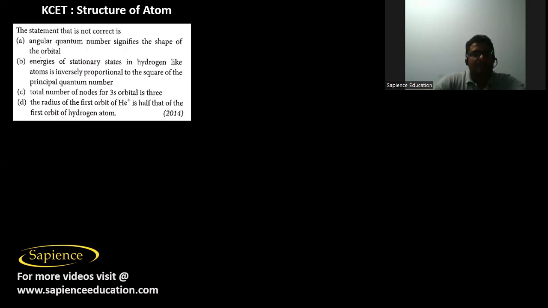Then here it is told the statement that is not correct is: angular quantum number signifies the shape of the orbital.